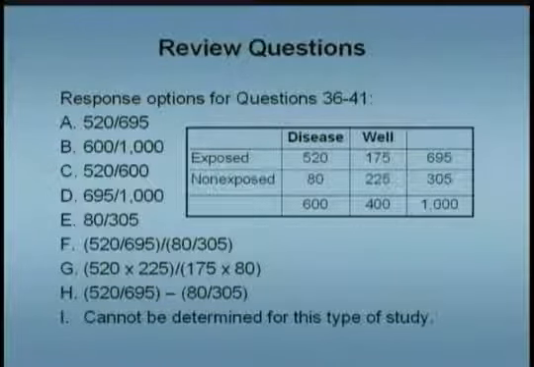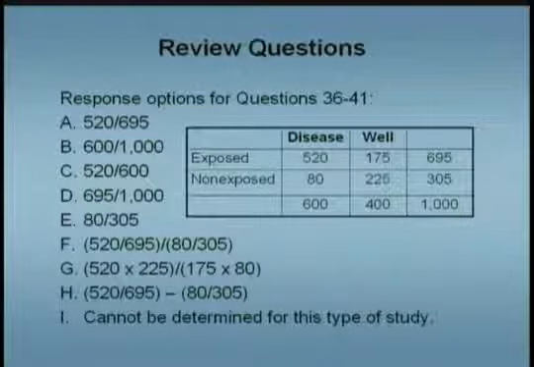Next up, assume the table represents a cross-sectional study. What is the relative risk? All right, next let's do question number 37. Question 37 says, assume the table represents a cross-sectional study. What is the relative risk? Well, to do relative risk, I have to take a ratio of two incidence rates. We have a problem here, however. The problem here is it says cross-sectional study.